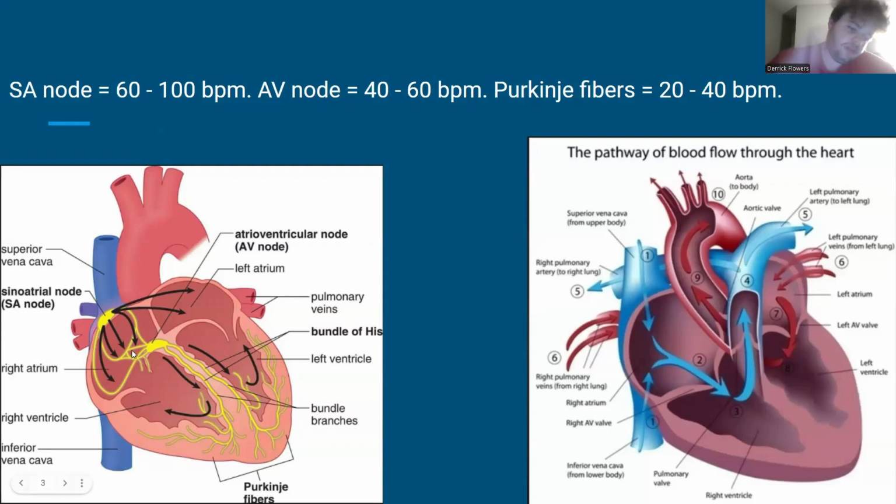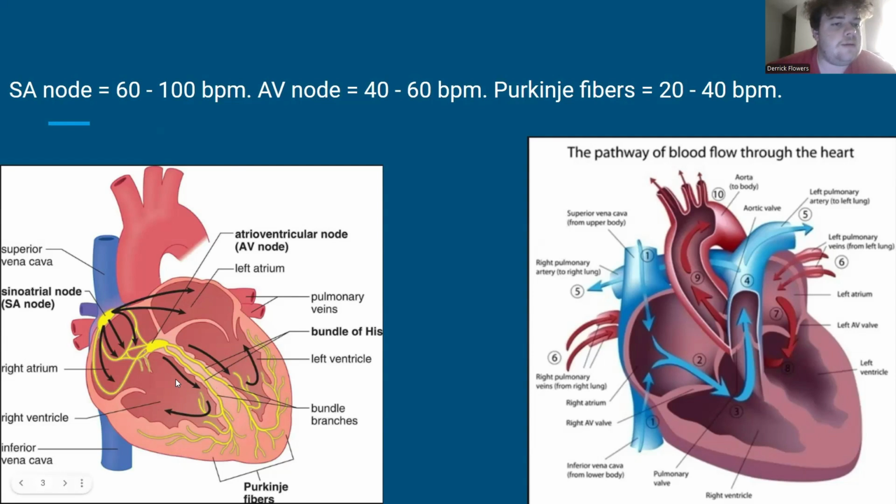When it goes through the intraatrial tracts, it will reach the AV node, the atrioventricular node. Once it reaches the AV node, it goes through these tracks, reaching the bundle of His before it hits the bundle branches down here and further down into the Purkinje fibers, which all stimulate the ventricles to contract and push blood out.